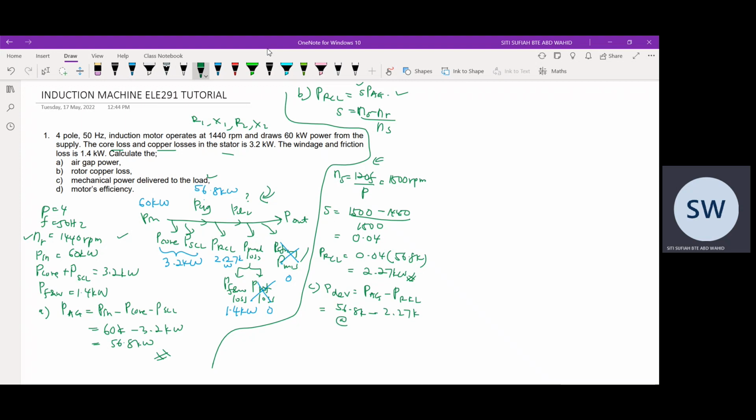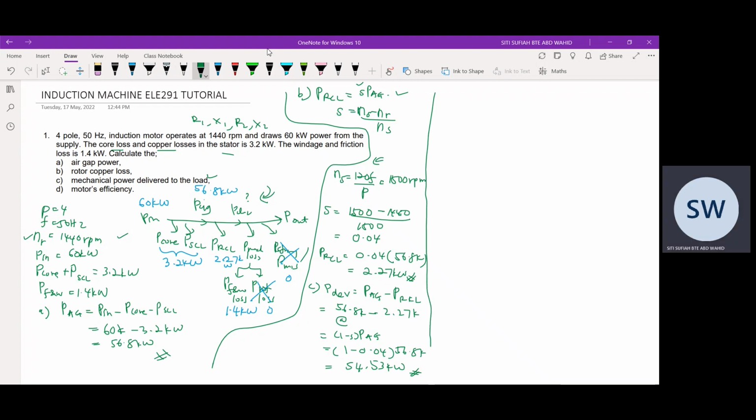Or you can use the formula for P developed, that is 1 minus S times P air gap. You will still get the same answer. P air gap, 56.8K. So the final answer will be 54.53 kilowatt.